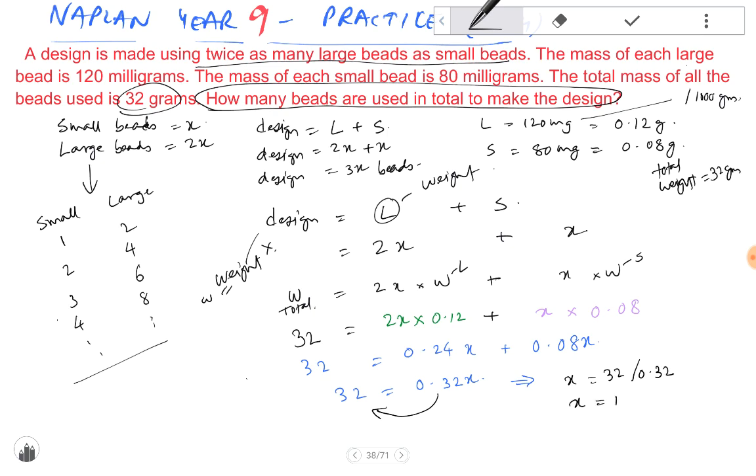So we have the value of x, which is equal to 1000.